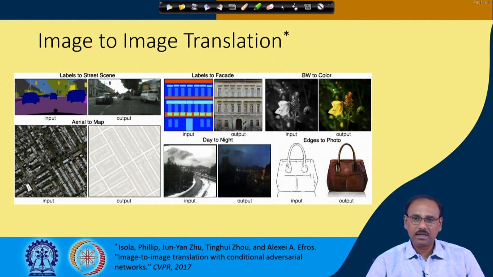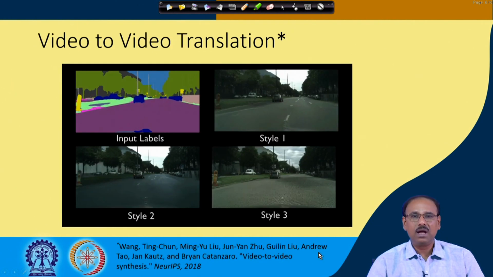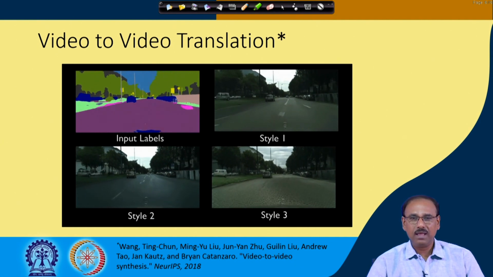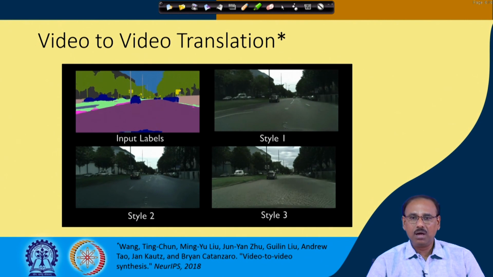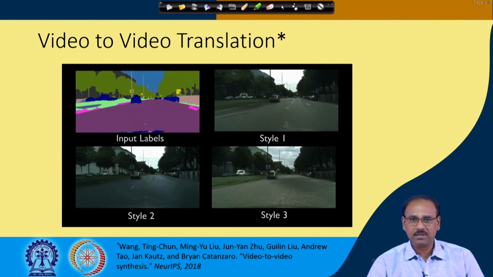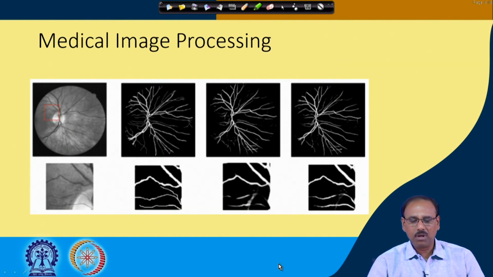Given a segmented output, I can have a real looking image. All these are possible using recent modern deep learning techniques. Similarly, we can also compose videos with different styles. There are multiple applications, like in medical image processing, object recognition, speech recognition, and so on.